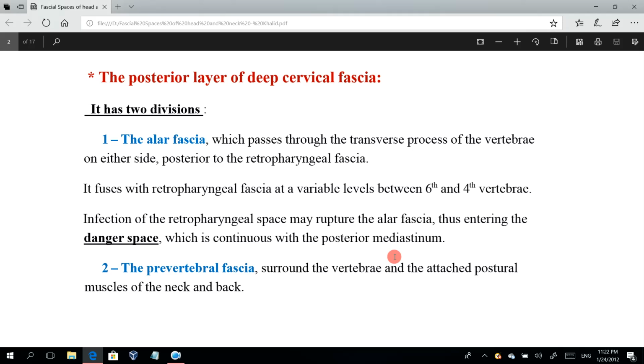Of course, if the infection reaches this area of the mediastinum through the danger space, the situation is very serious and needs urgent treatment, otherwise the condition may worsen and become very dangerous.